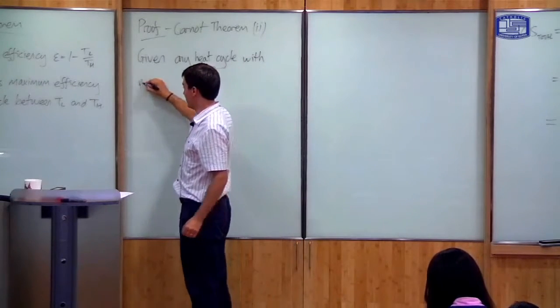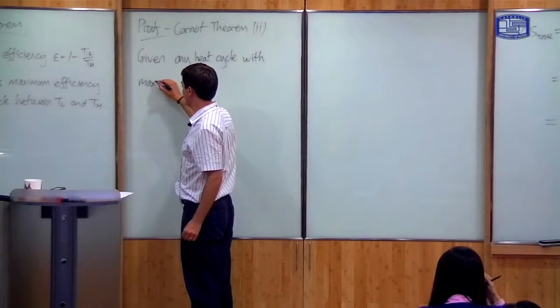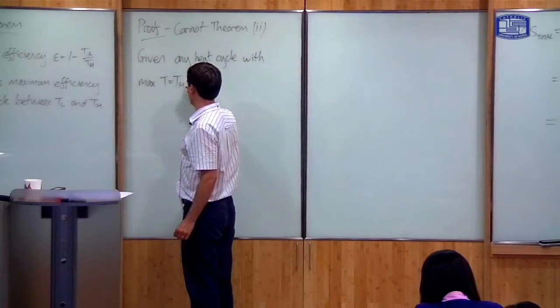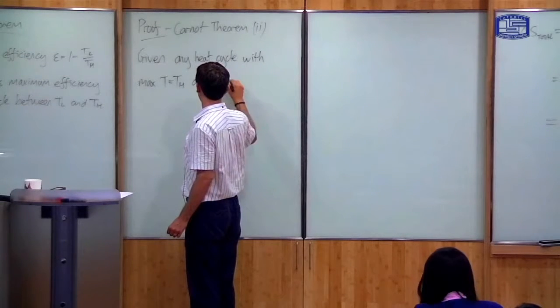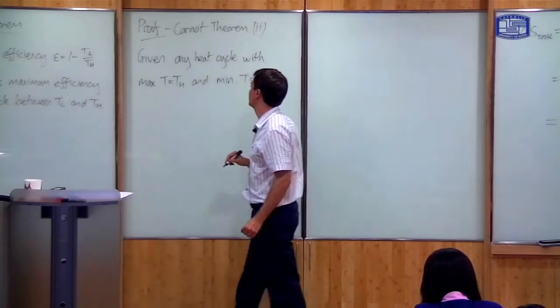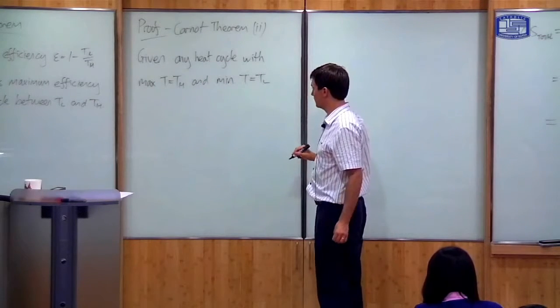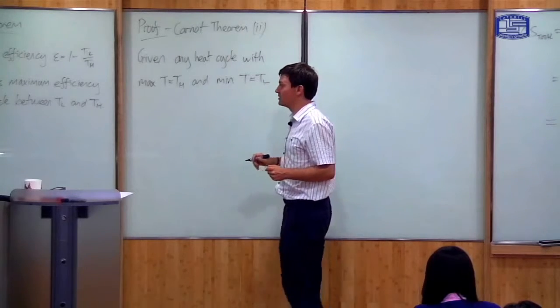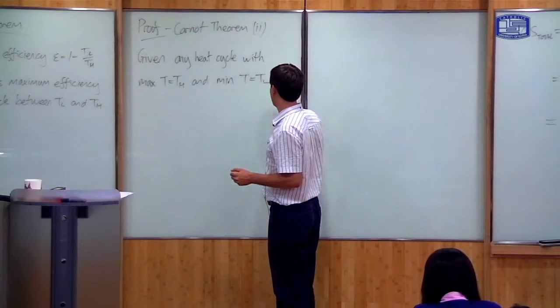So that means that the maximum T equals TH and the minimum T equals TL. In this case, we can always choose a Carnot cycle which encloses this heat cycle.